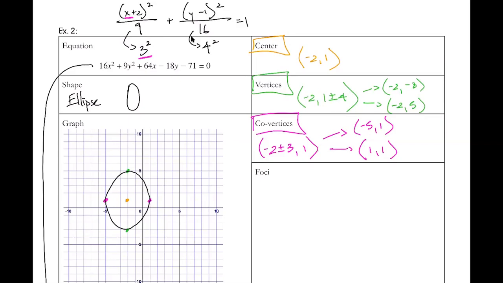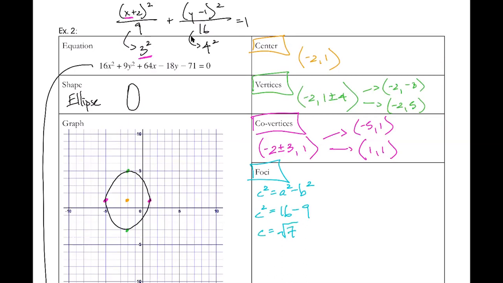Okay, and I'm almost done. The last thing I need to do is find my foci. So for foci, c squared equals a squared minus b squared. So c squared equals the bigger number, 16, minus the smaller number, 9, so c equals the square root of 7.